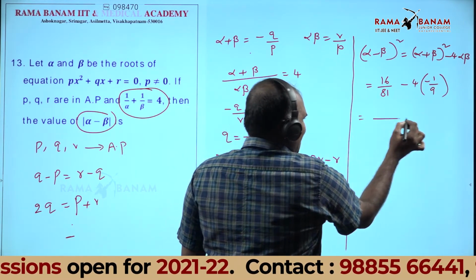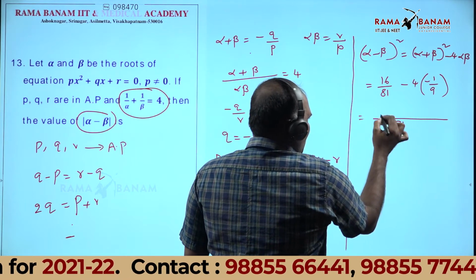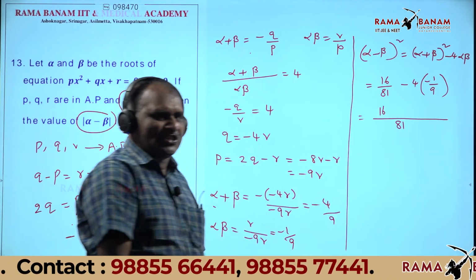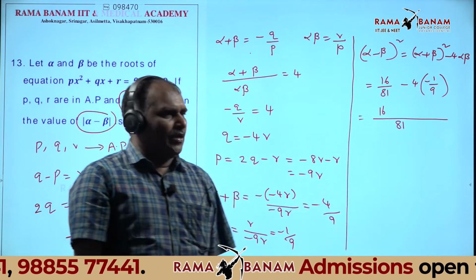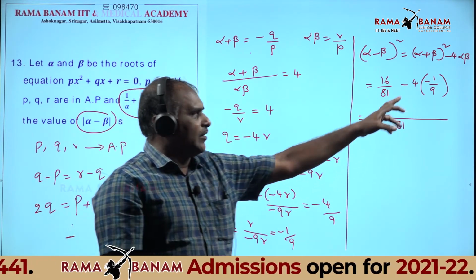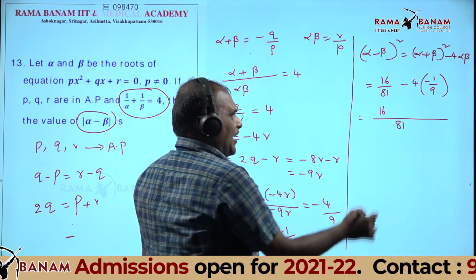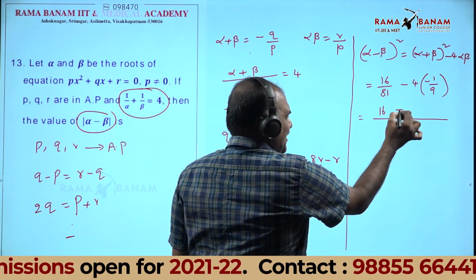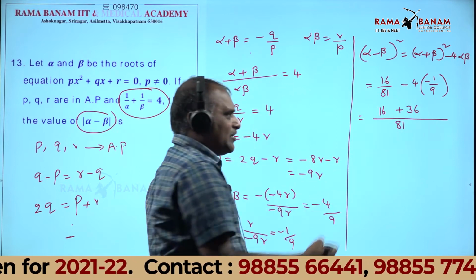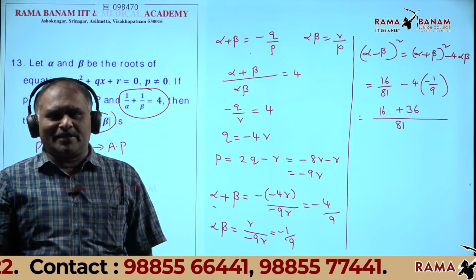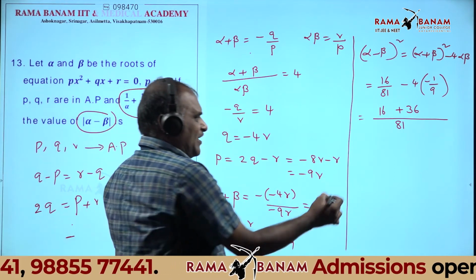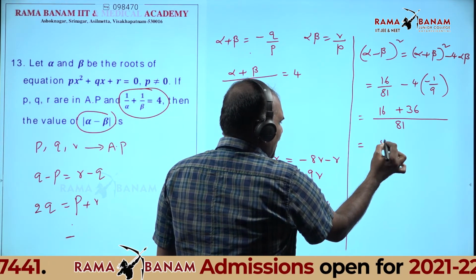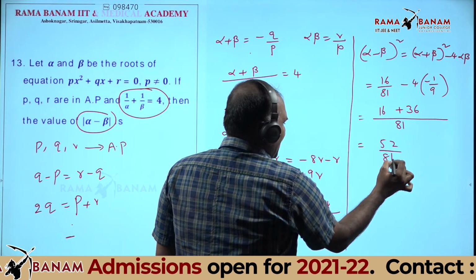Take LCM, that is 81. Here 16, and 9 into 4 is 36. Negative of negative is positive. 36 plus 16 is 52. You can get 52 by 81.